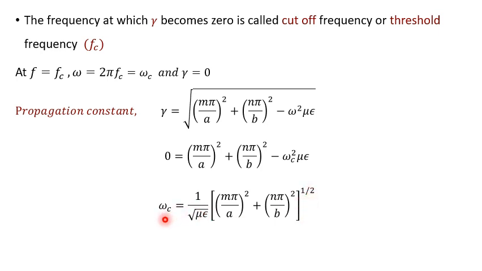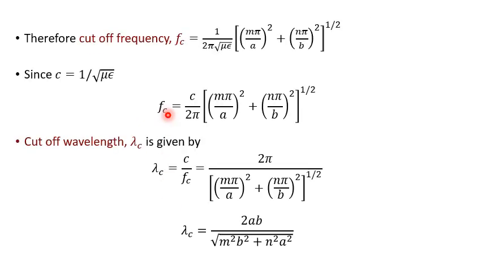From omega c, you know that omega c is equal to 2 pi fc. So the cutoff frequency fc can be expressed as 1 by 2 pi root mu epsilon into m pi by a the whole square plus n pi by b the whole square the whole raised to half.